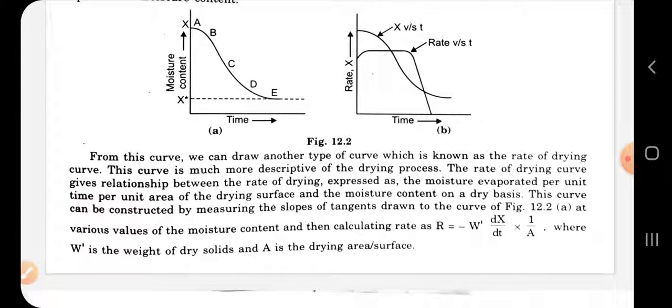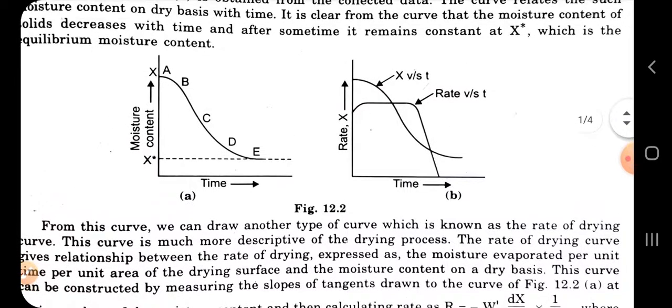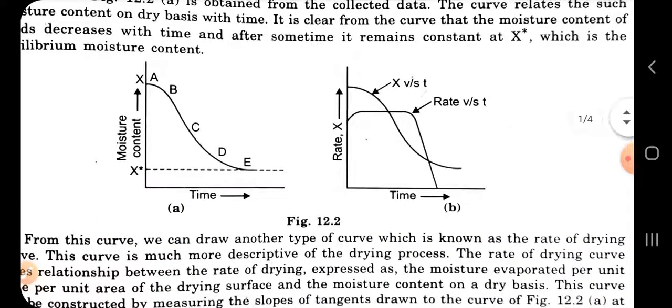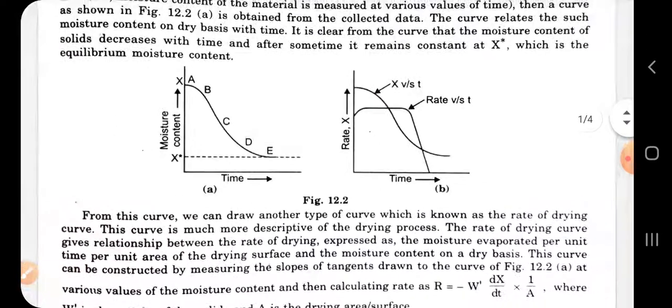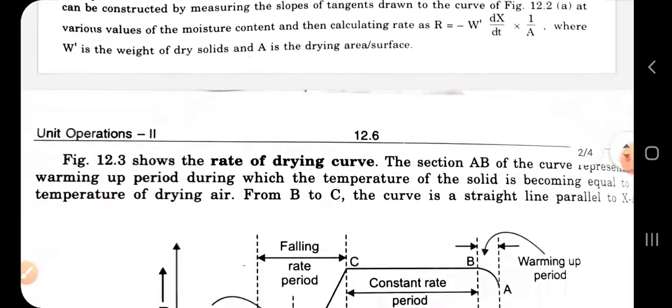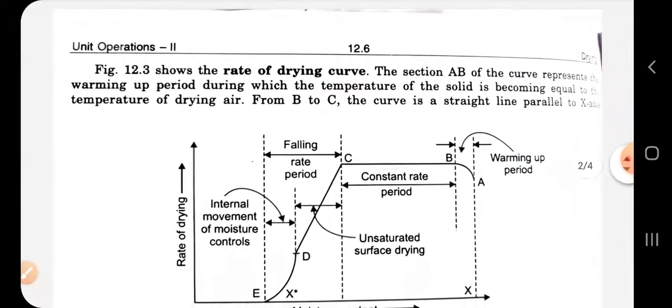It can be constructed by measuring slopes of tangents drawn to the first curve at different values of moisture content, and then calculating the rate with the given equation. So here we plot another curve, rate of drying versus time, which we will now understand in detail and in various parts.